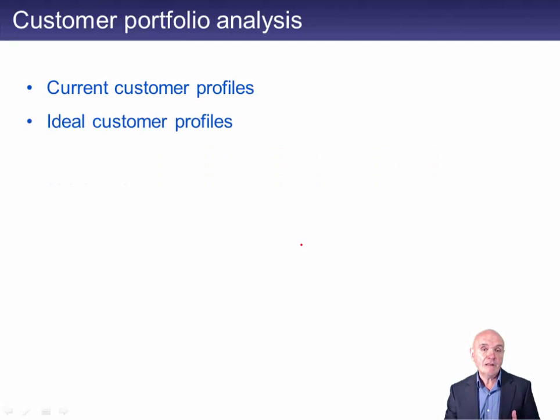And from that we can then think, well, what's the ideal customer profile? So we might decide that we don't want any customers who order less than an order value of maybe 5,000, because an order value of less than 5,000, by the time we've handled it, isn't going to be very profitable.